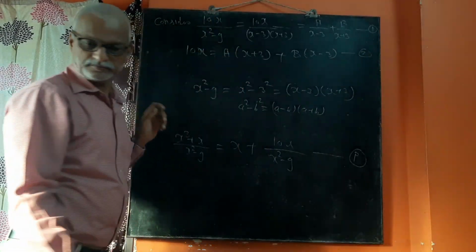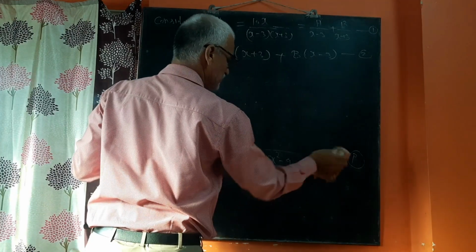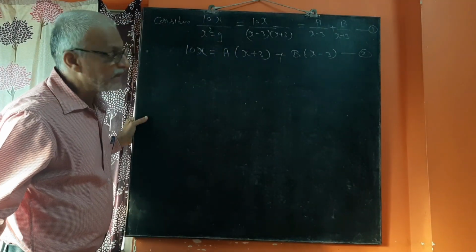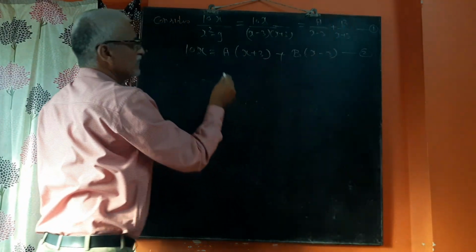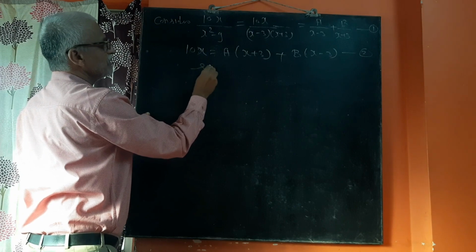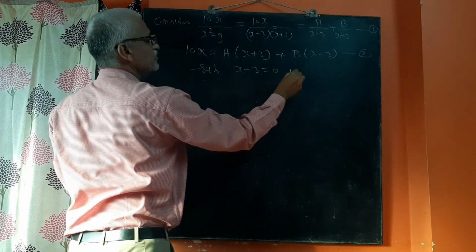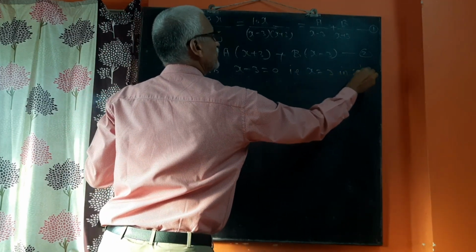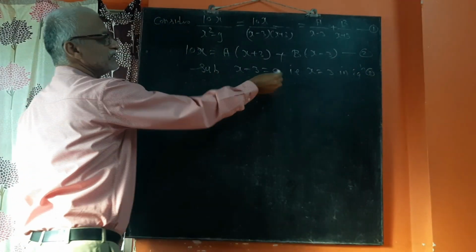Now the straightforward substitutions. There are two substitutions, which are the denominator of A and the denominator of B. First substitution: substitute the denominator of A, that means x − 3 = 0, that is x = 3, in equation 2.